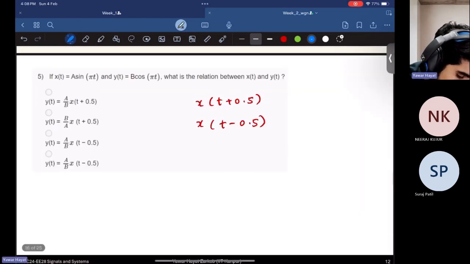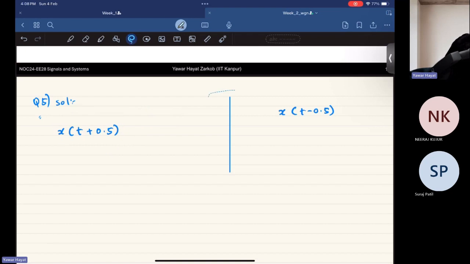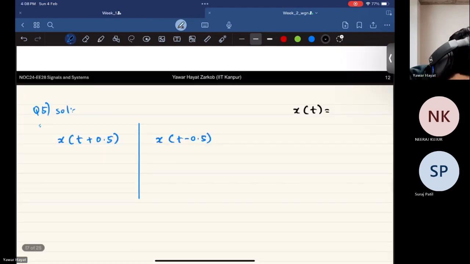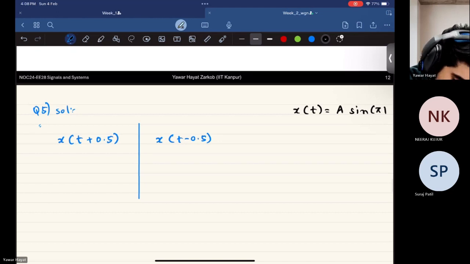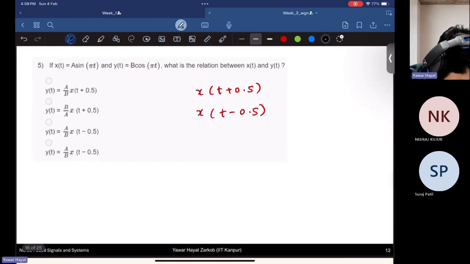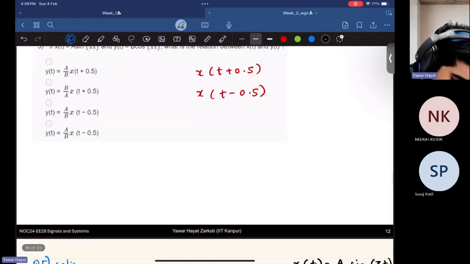Our x of t was a sine of pi t, and this y of t is b cos of pi t.